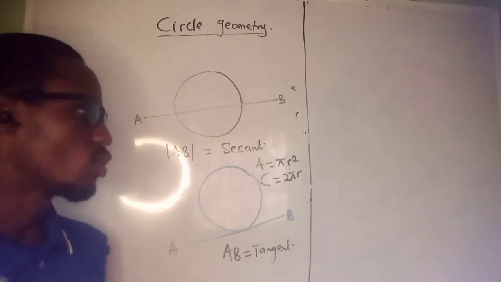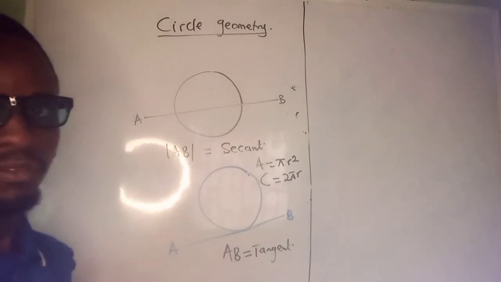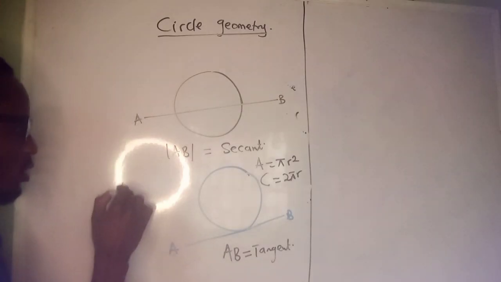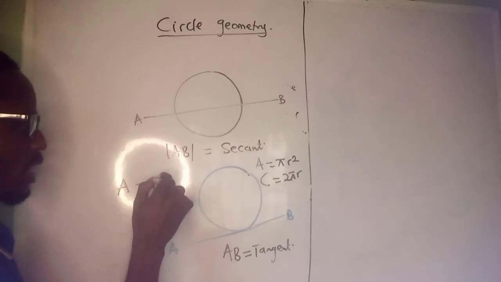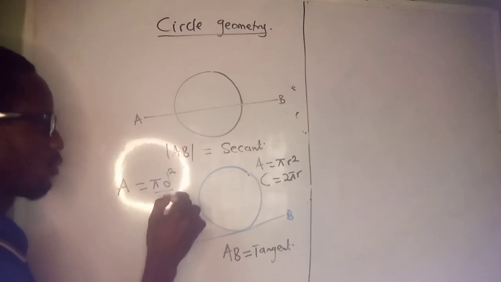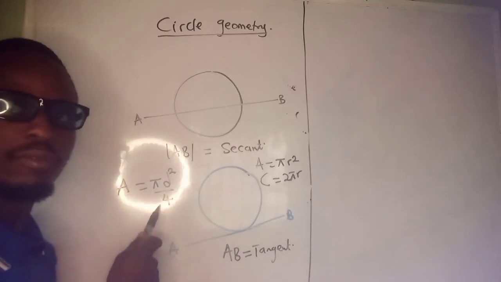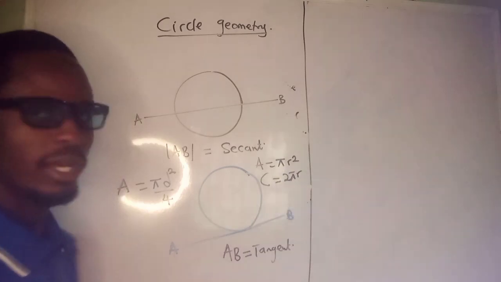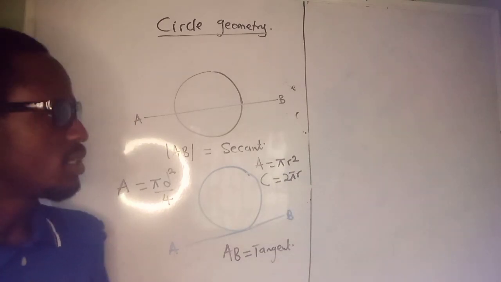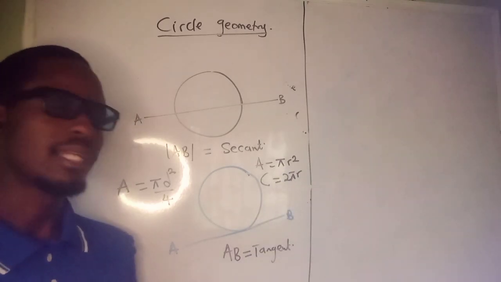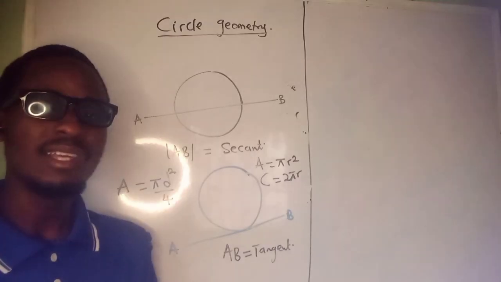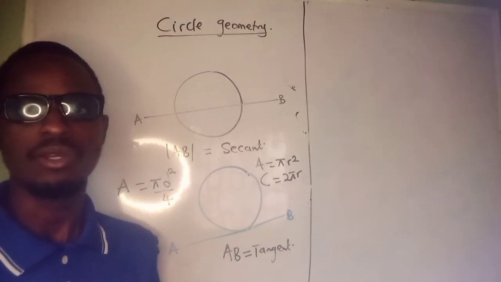The area of the circle can also be given by a different formula: area could be pi d squared over 4, which, if you simplify, you will still get pi r squared. So these are the properties of circles. When we start stating theorems, it will be easier for us to understand what we mean by those theorems.